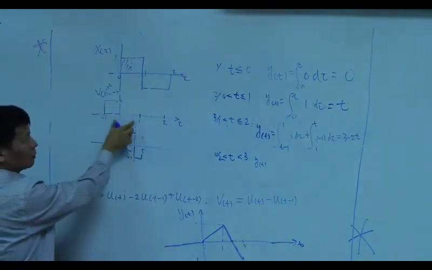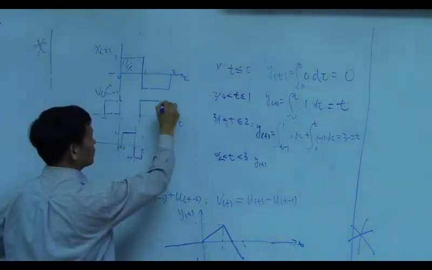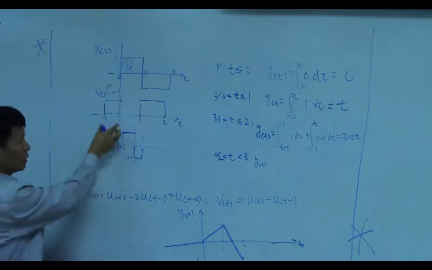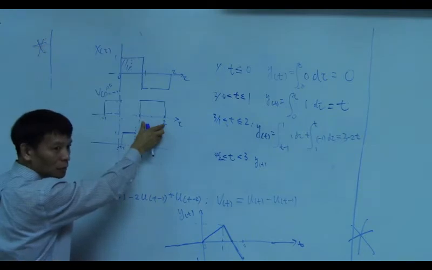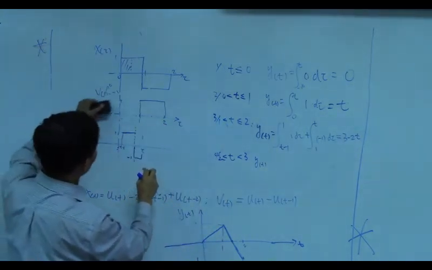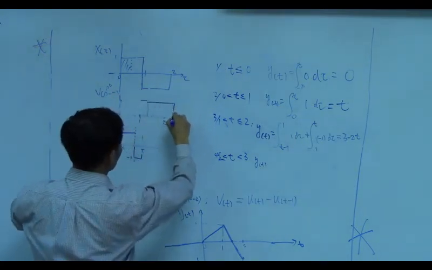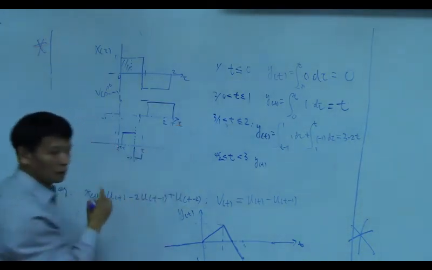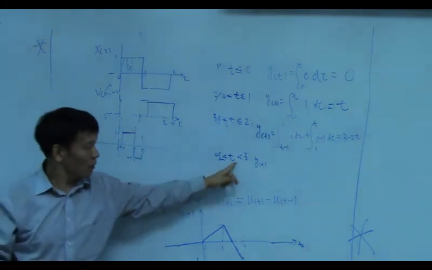T equals 1, t equals 2 is here. So when t equals 2, that window overlaps completely with this one. So we are interested in t greater than 2. This window will be somewhere here, and this one here is t, but it will pass 2. T is greater than 2.